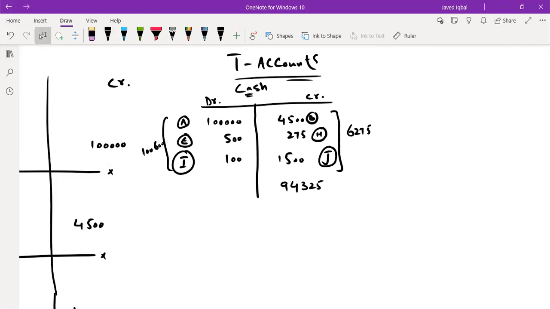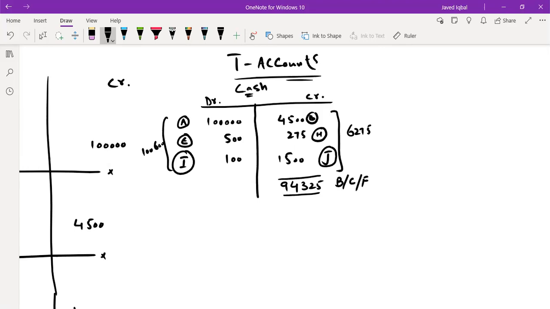We will be writing the difference as a balance, since it's a balancing amount. See, when you add all these four numbers, it becomes 100,600. So you'll always be writing your balance where it is short, as a balancing amount, and you will write it as balance carried forward.